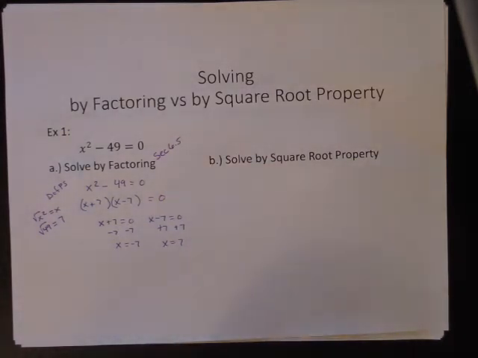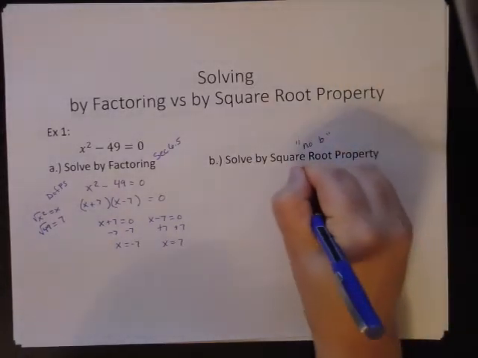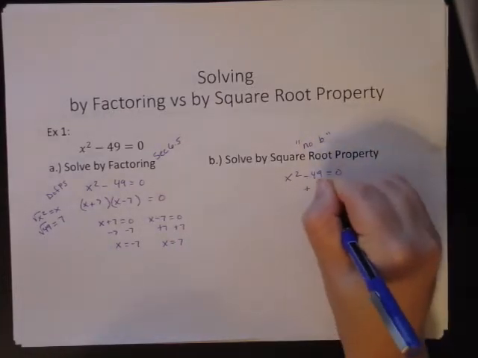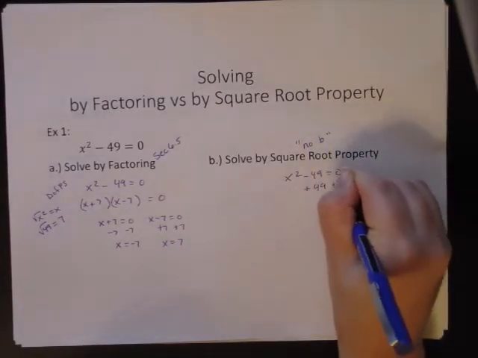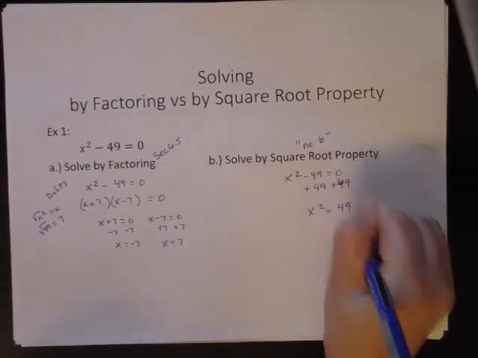Now we can solve by the square root property. The reason you can use the square root property is because you have no b. So we have x squared minus 49 equals 0. The first thing I have to do is add 49 on both sides, so I get x squared equals positive 49.